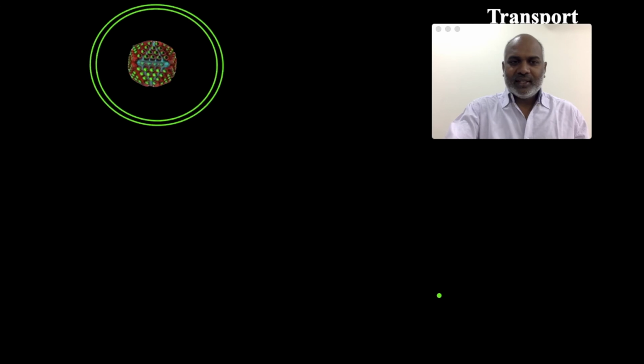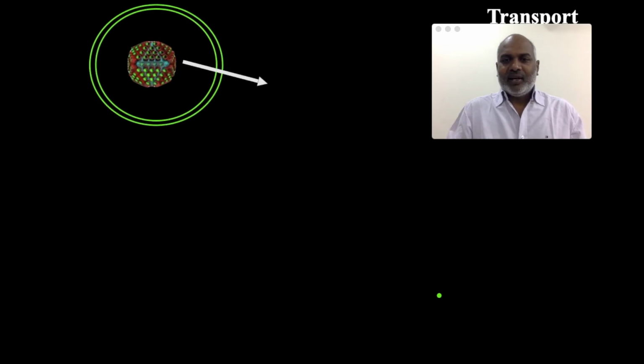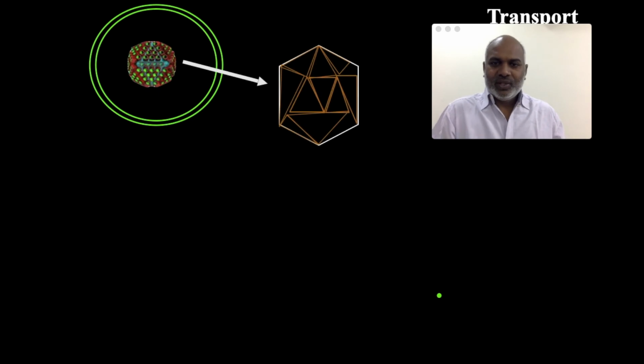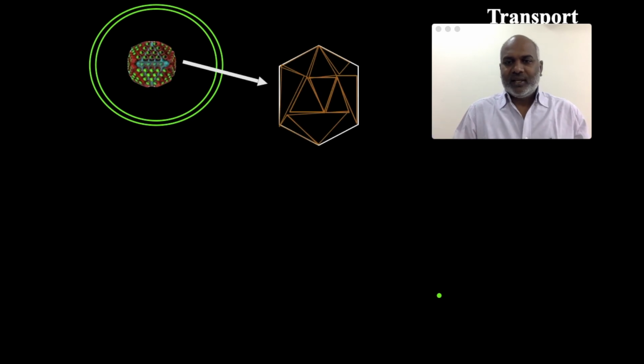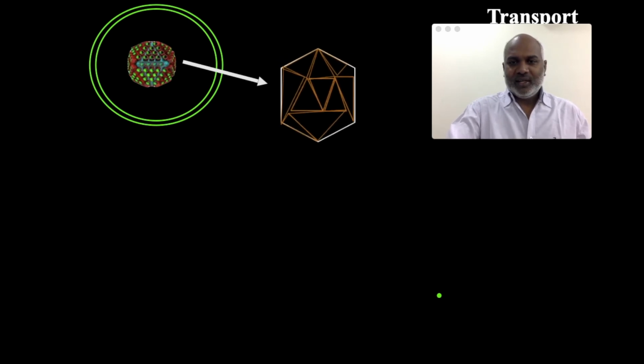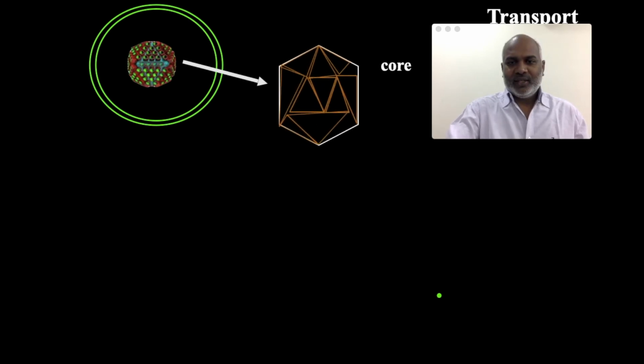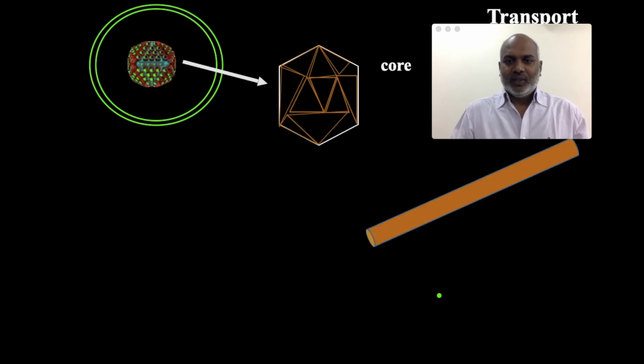Due to that, there is a destabilization of the core proteins which are present inside the adenovirus, nothing but scaffolding proteins. Then slowly it delivers the core of the virion, and this core of the virion will get transported nearer to the nucleus.